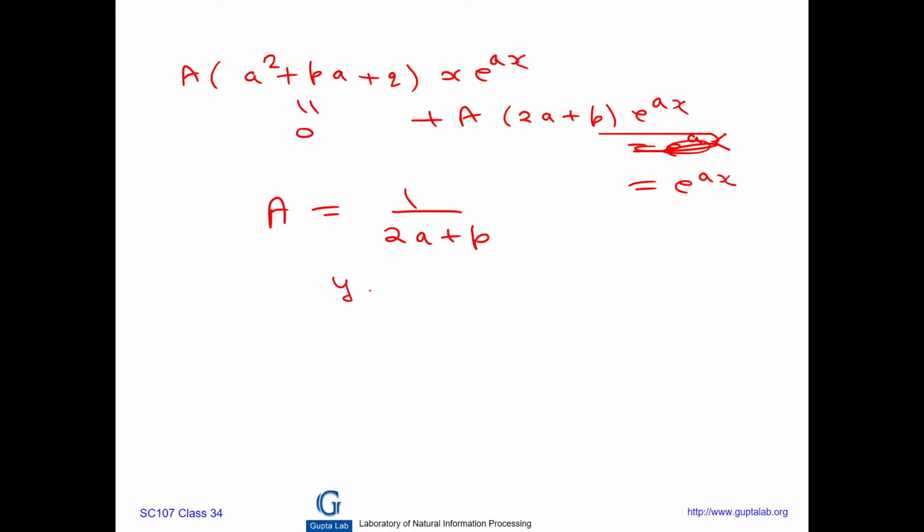So solution will be 1 over 2a plus p times x times e raised power ax, right? One particular solution. This is valid as long as 2a plus p is not equal to 0, right?